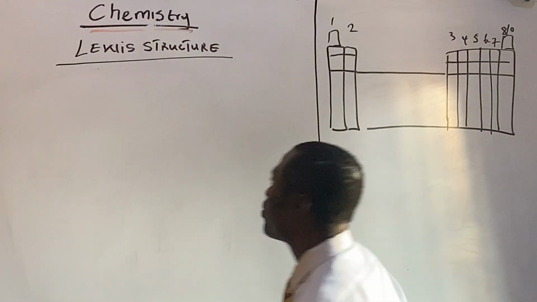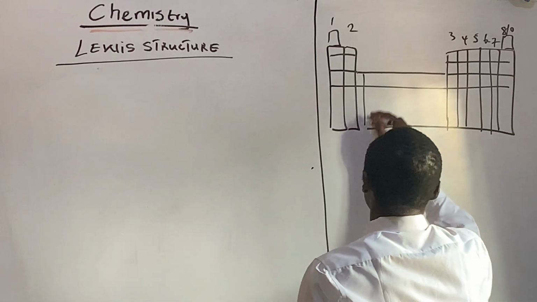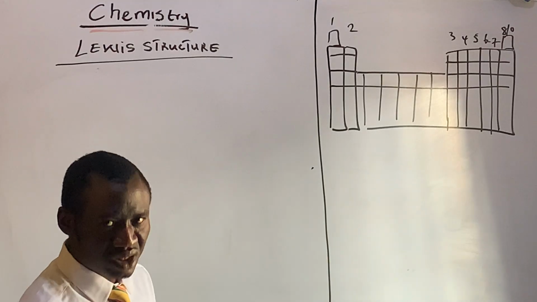Now we're going to put the elements from 1 to 20, excluding the transition elements.